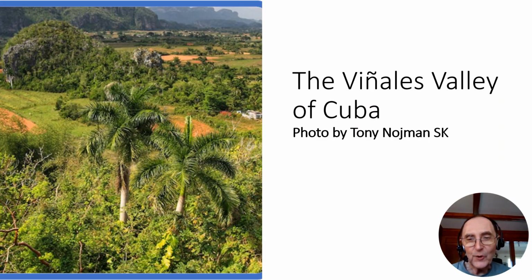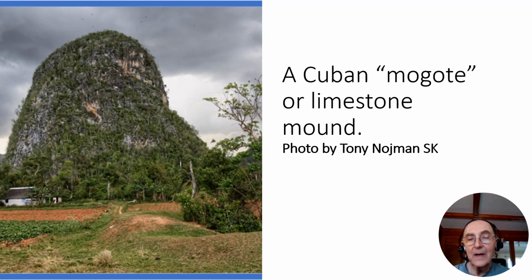This is a beautiful view of the Vinales Valley of Cuba. The photograph is by Tony Noshman, SK. The Vinales Valley occurs in the westernmost province of Cuba, in the area of the Organos Mountains. And here's another beautiful photograph by Tony Noshman, SK. It's basically one of the famous Cuban mogotes, or limestone mounds, that are found in this area.